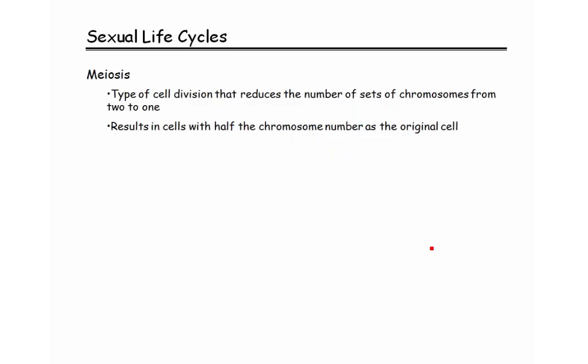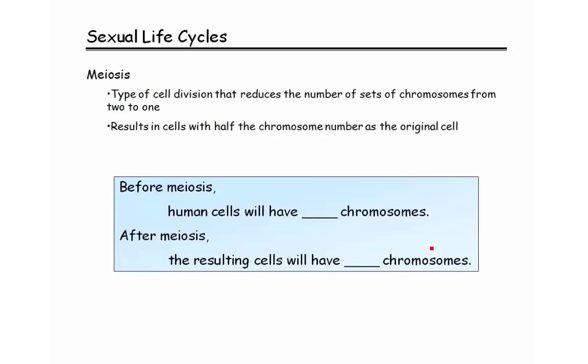Meiosis is a type of cell division that, as we said, reduces the number of sets of chromosomes from 2 to 1. So it's reducing the ploidy from diploid to haploid. And it's also going to result in cells that have half the chromosome number as the original cell. If we're talking about human cells, before meiosis, the human cells are going to have 46 chromosomes. These will be what we call our parent cells.